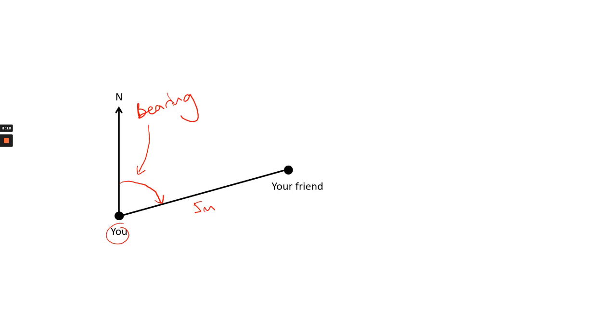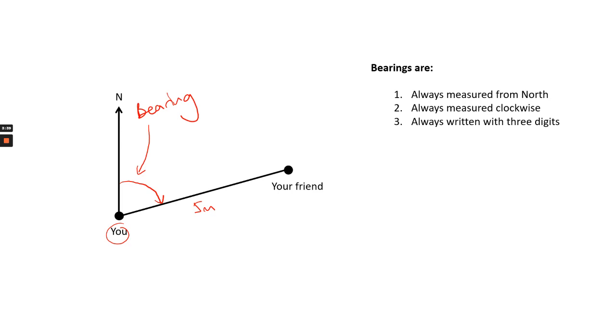And there's 3 key rules. The first is that bearings are always measured from north. You'll see this angle goes from north. They are always measured clockwise. I have not started moving this way around. I'm only moving clockwise. That's the key bearing. And lastly, they're always written with 3 digits.